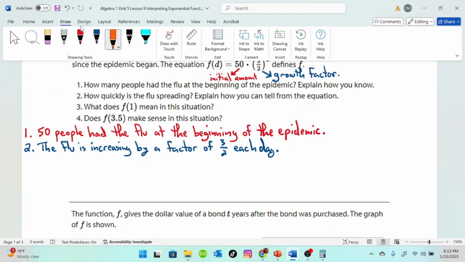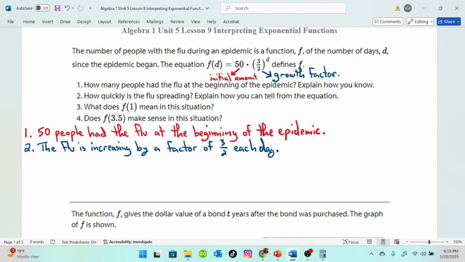And again, we know that because the number with the exponent is the growth factor, and that growth factor tells us how much we're multiplying by each time the day increases by 1.